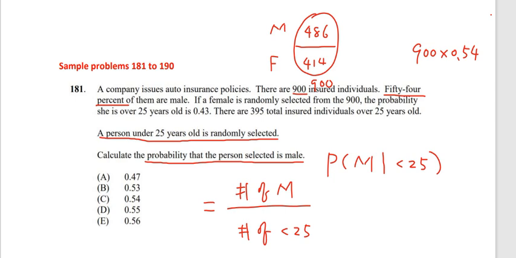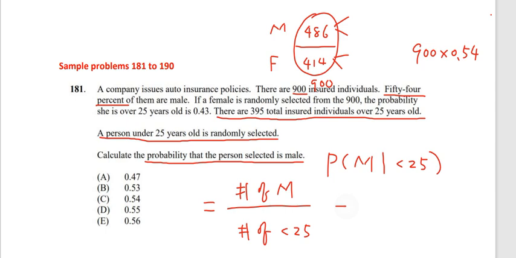Among these males, some are above 25, some are under 25, so we also need to separate this into two parts. Let's say the total insured over 25 is 395.